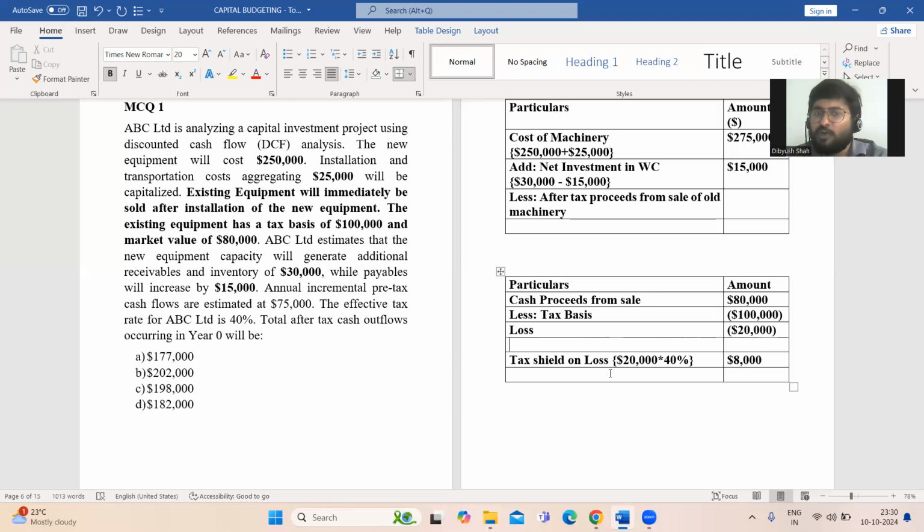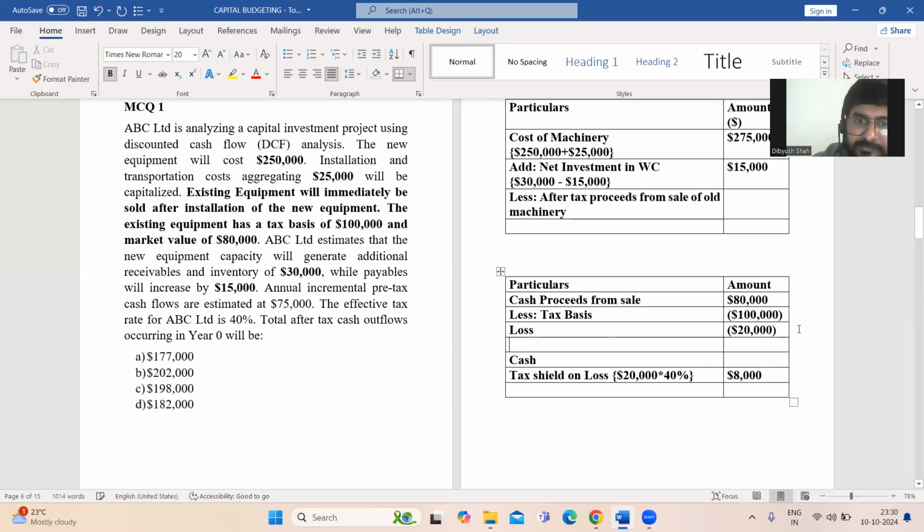So what is your after tax proceeds? You have cash inflow from sale, that will be 80, and you will save 8,000 in future taxes. This is your after tax proceeds. If you had a gain, you would have to pay some taxes. So 80 plus 8, because saving in taxes is equal to cash inflow only.